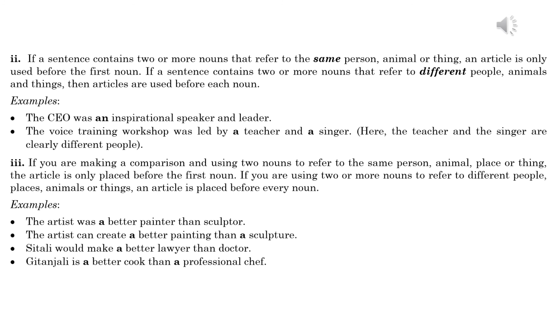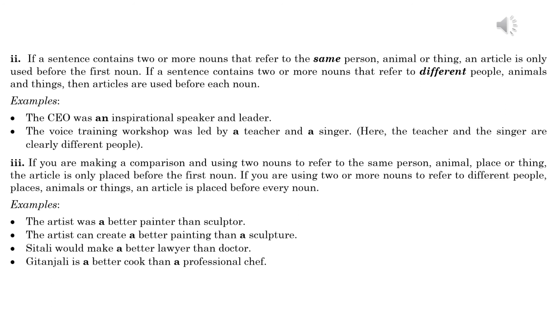2. If a sentence contains two or more nouns that refer to the same person, animal, or thing, an article is only used before the first noun. If a sentence contains two or more nouns that refer to different people, animals, and things, then articles are used before each noun.